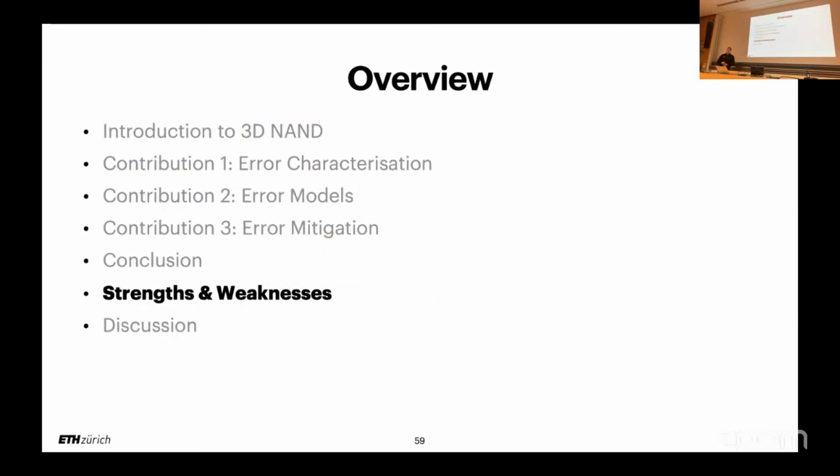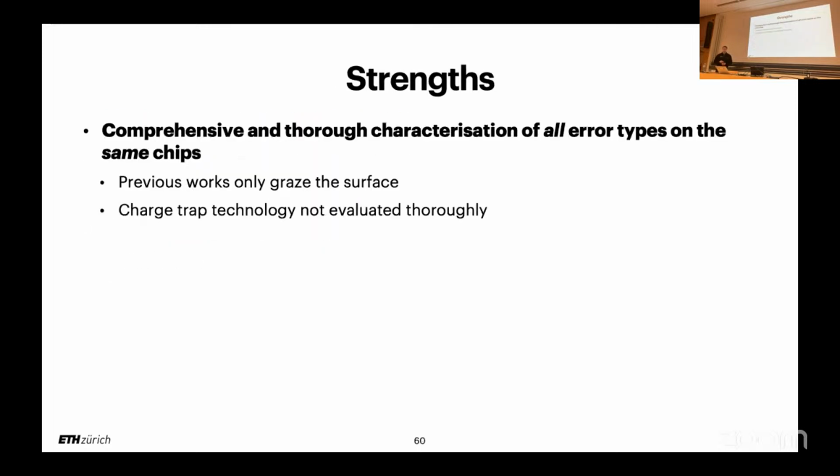Moving on to strengths and weaknesses. The first strength I identified was that the paper is very comprehensive and thorough. It's quite a long paper and is very detailed. As opposed to this, previous works don't go into much detail. The paper says that only 1 or 2 error sources are really looked into in other papers, and they don't do a very good job characterizing them.